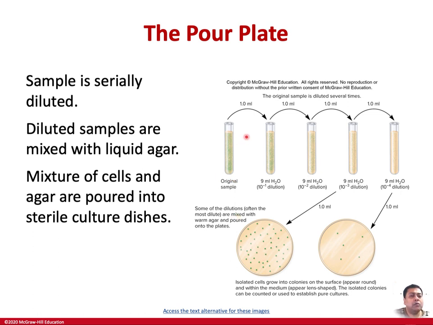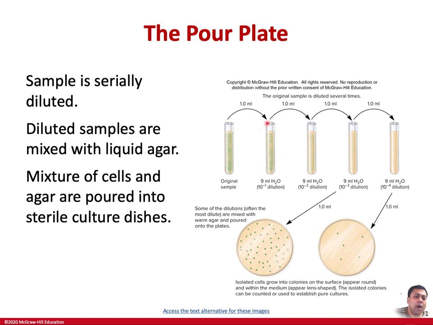So what you do is take your original culture and serially dilute it tenfold each time. Each tube contains about 9 ml of water or saline, usually 0.9% sodium chloride. From the first one, you take 1 ml of your sample into 9 ml. So now it becomes 10 ml.